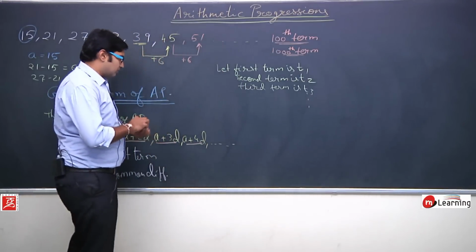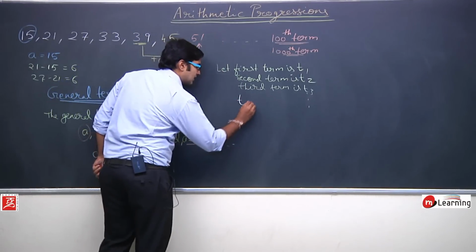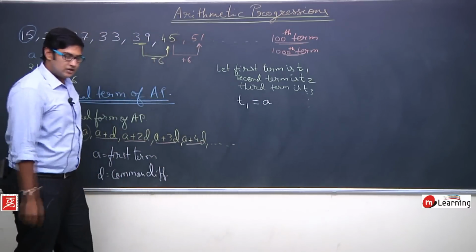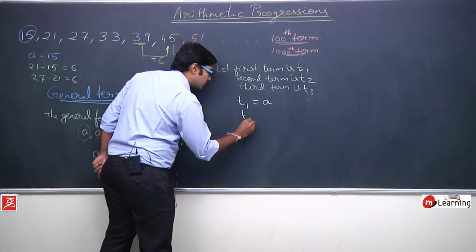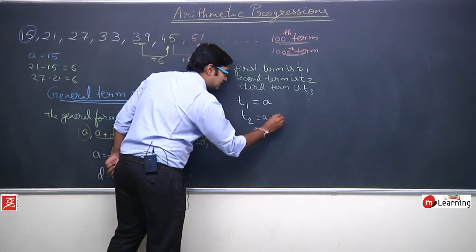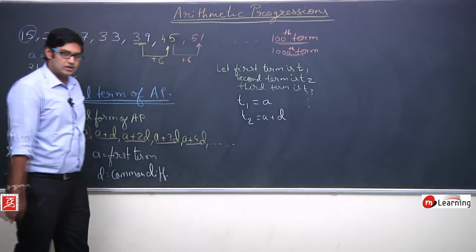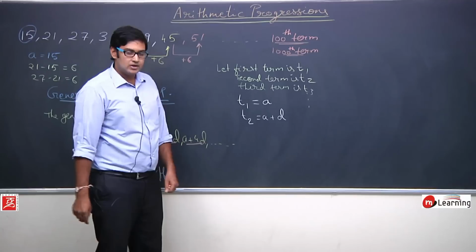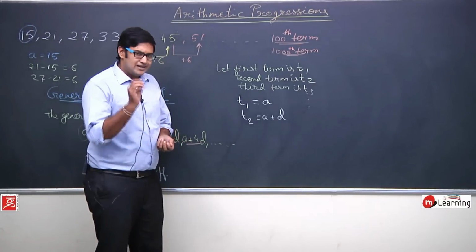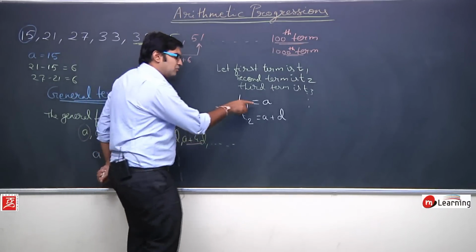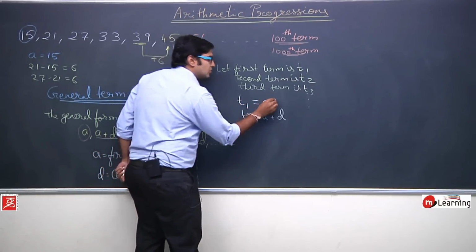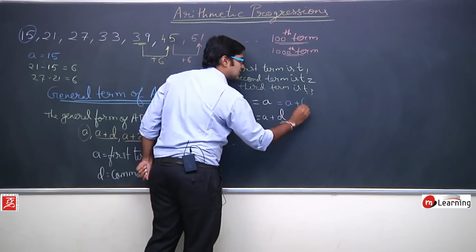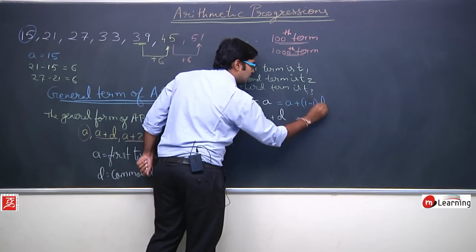So I can see that T1 is equal to a. T2 is equal to a plus d. Now, by a simple observation, I am going to write this T1 equals a as a plus (1 minus 1) d.